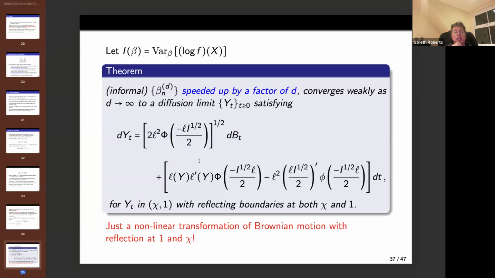The other thing that's very nice about this quantity is that you can decompose it as L squared multiplied by the acceptance probability, because the acceptance probability is just 2 multiplied by phi of this quantity here. So this horrible quantity I, which would be difficult to estimate, you don't have to explicitly estimate.